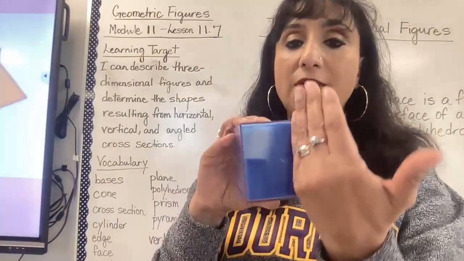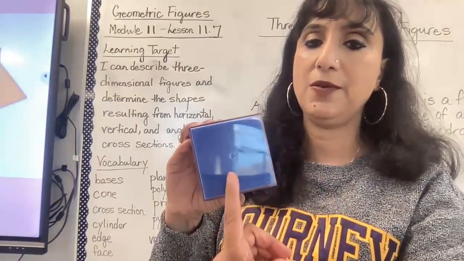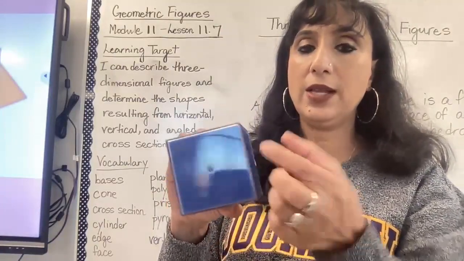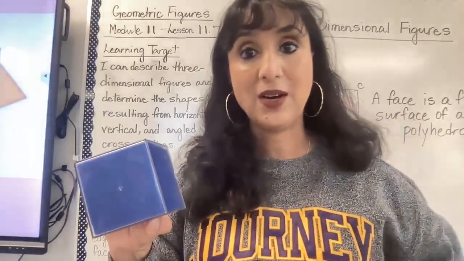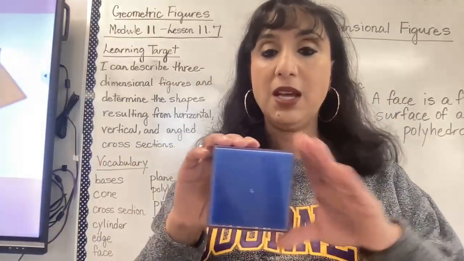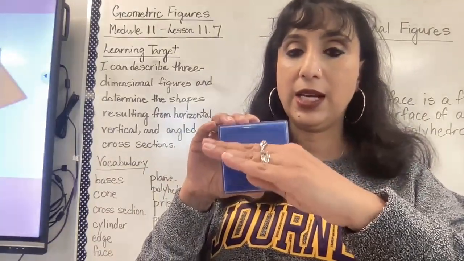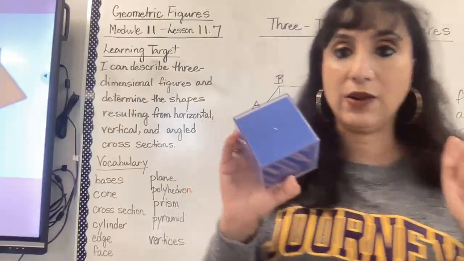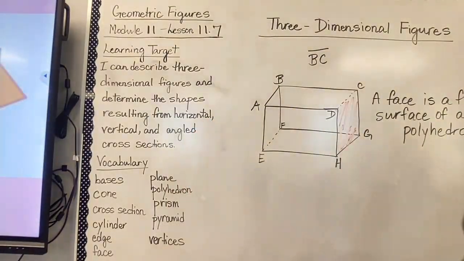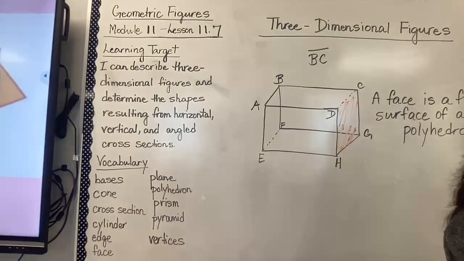Because of it being like this, this part is going to be less than this part. That makes it a rectangle. Same thing if I do it horizontally, I will still get a rectangle. If I do it angled, I will still get a rectangle. So in all the cases, I am getting a rectangle and not a square like Mario is thinking.